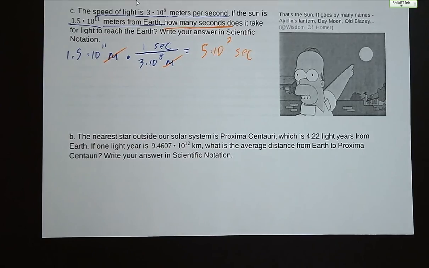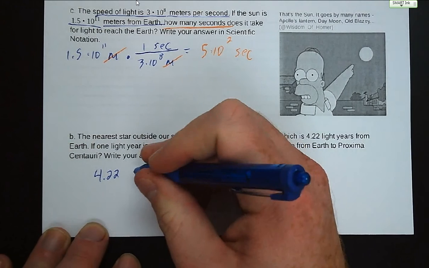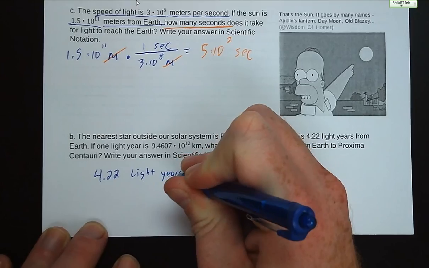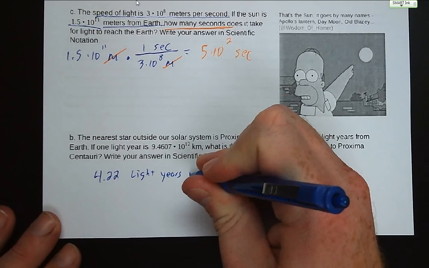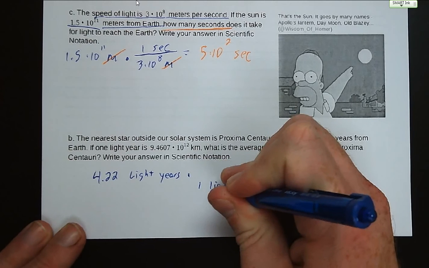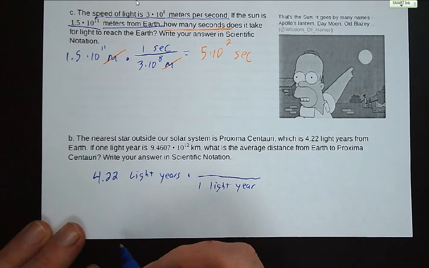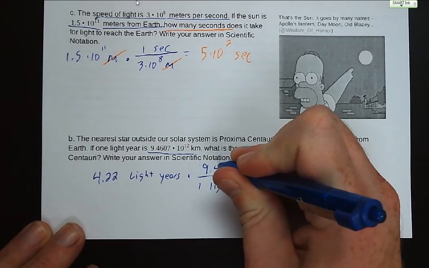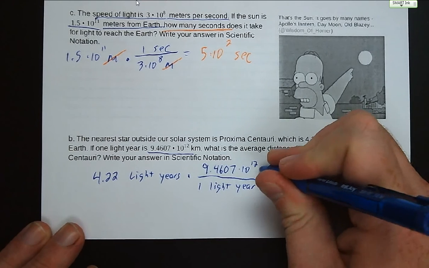All right, so we start off with, we know that we are 4.22 light years from Proxima Centauri. And I know that 1 light year is, well, it's the distance light travels in a year, and it is right there, 9.4607 times 10 to the 12th kilometers.